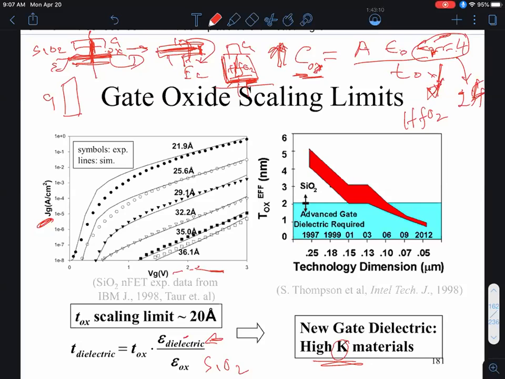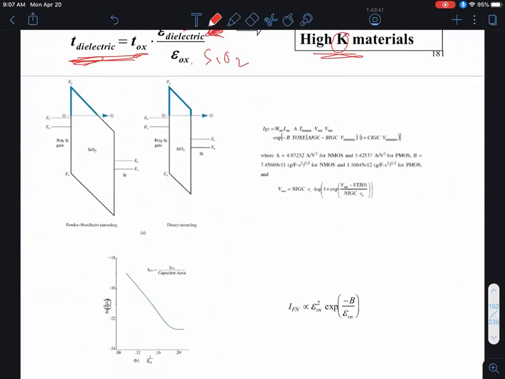Other dielectrics are not quite as nice, and as we'll see today, that impacts the mobility of carriers traveling in the inversion layer from the source to the drain. So the key equation is over here. As you make the alternative high K dielectric constant higher than that of silicon dioxide, the canonical dielectric, you can modify the dielectric thickness compared to the oxide dielectric thickness without sacrificing gate capacitance.